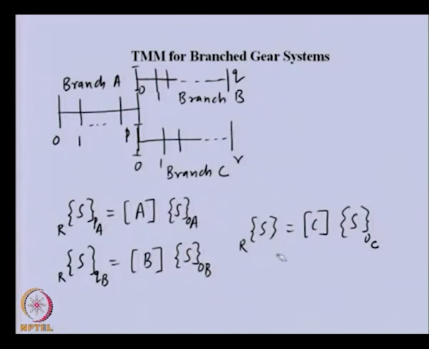So I should write it correctly like this. This state vector is right of this particular rth disk.